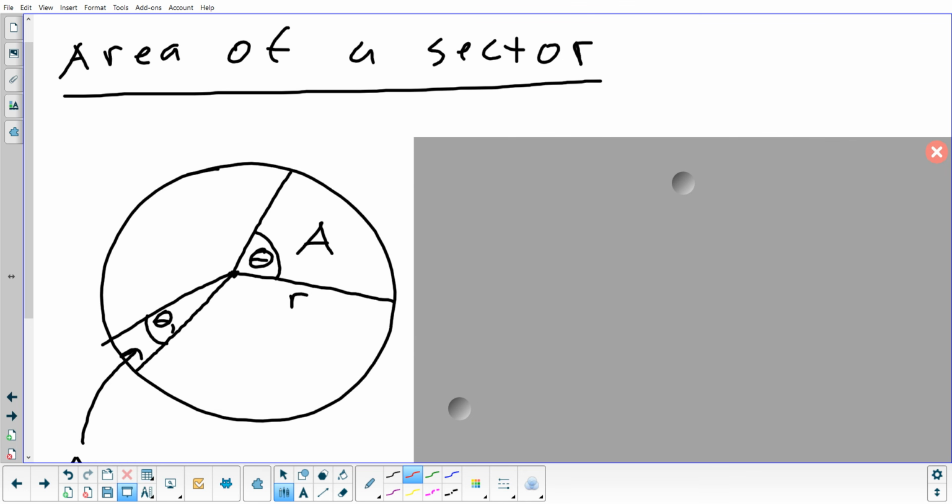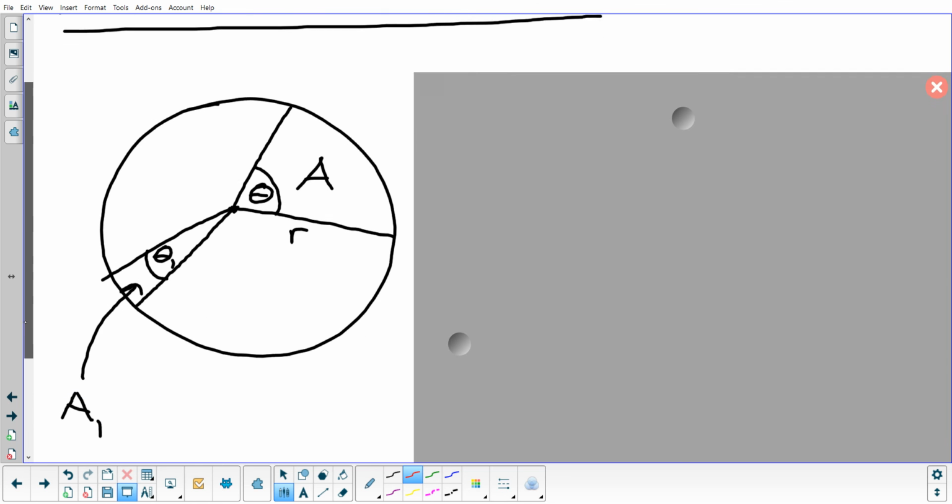of a sector. And I'm going to start out with a diagram just like I did last time. The first thing we're going to look at is the connection between the size you make this angle and the size of the area that it makes. I want to see if there's a connection between the two. This time, I'm labeling the angles like I did before, theta and theta 1, but I'm not labeling the arc. I'm not focusing on that.